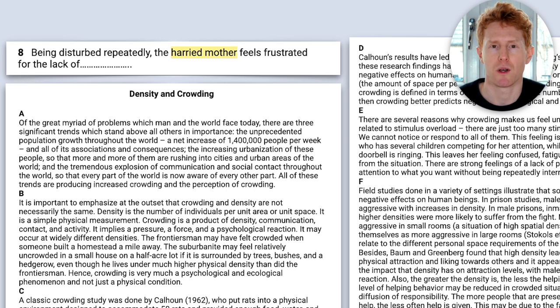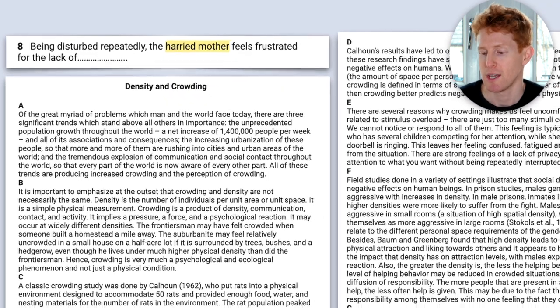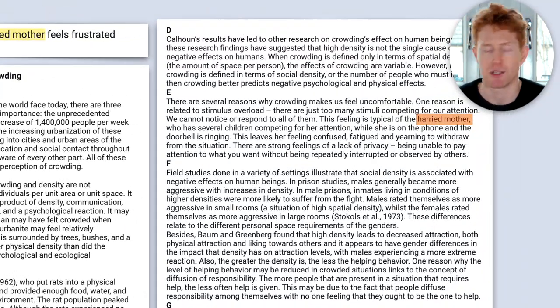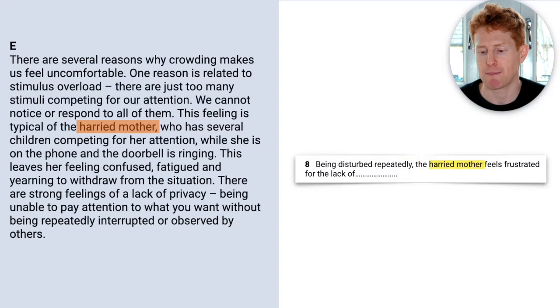And then we might find the word mother, or perhaps parents, or female parents. Remember, synonyms are important when it comes to sentence completion questions. In this case, if we scan the text, we'll find harried mother. So the exact phrase. Let's read paragraph E in more detail to find the missing words.